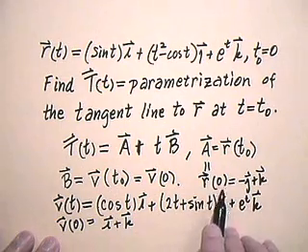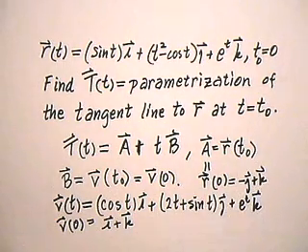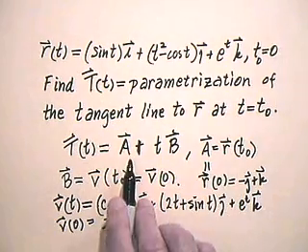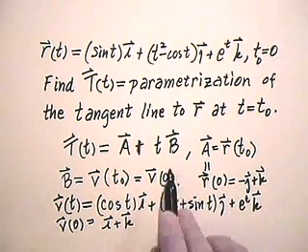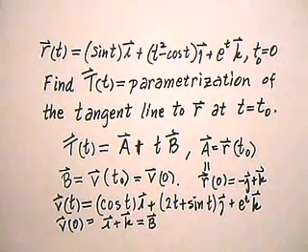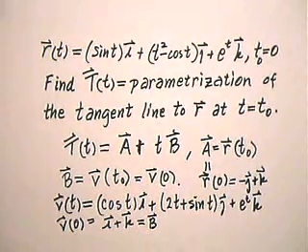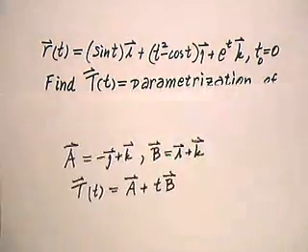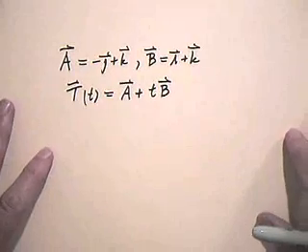Our position at time 0 is negative j plus k. So A is negative j plus k, and B is simply i plus k. So I've written that down on a new sheet. Let's now compute our parameterization.